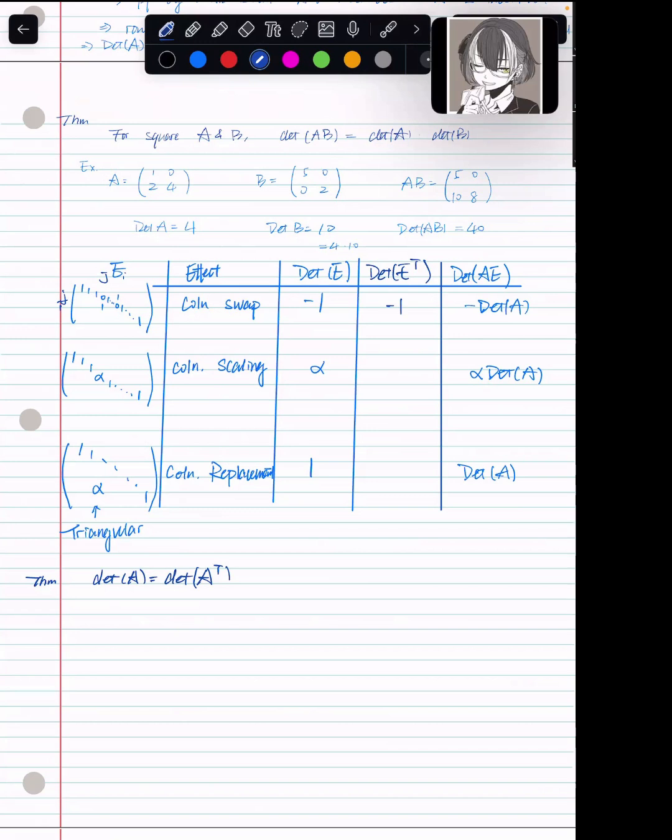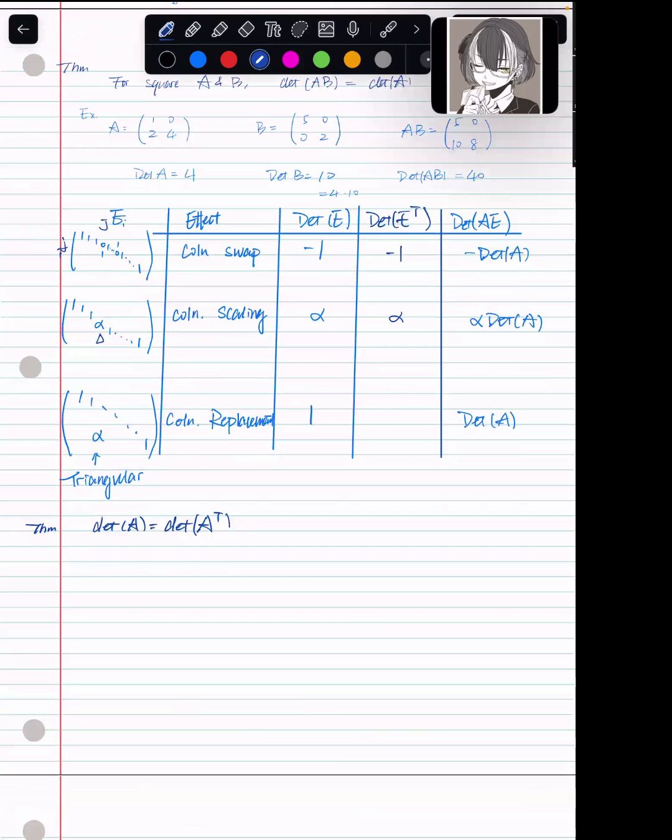And similar for this one, because alpha is on the main diagonal, so the position doesn't change: the I comma I, if we swap them, is still I comma I. So this one stays alpha. And the determinant of E: if the original is upper triangular, then now it becomes lower triangular, and if the original is lower triangular, then after the swap it will be upper triangular.